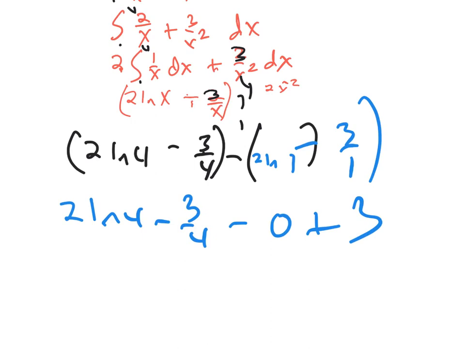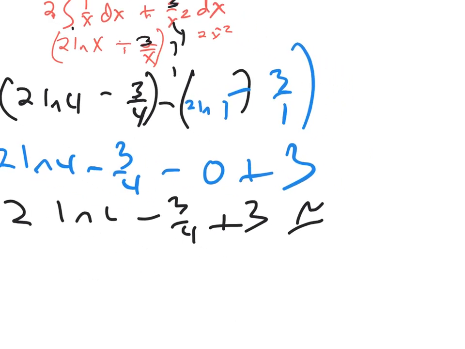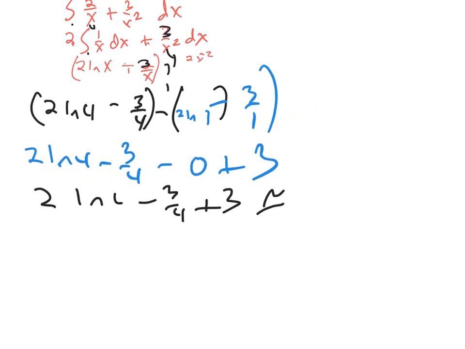It does this. Oh, there. 2 natural log of 4 minus 3/4 plus 3 is approximately what decimal, Joseph? Key that in. Drum roll.